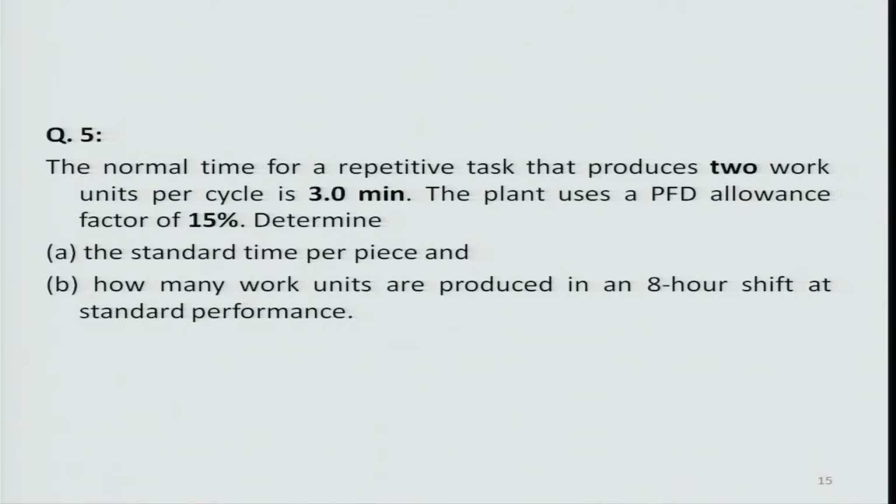standard performance. First, you know what the PFD is? PFD is the personal fatigue and delay allowance. And that is given as 15%. So first I am writing what things are given.